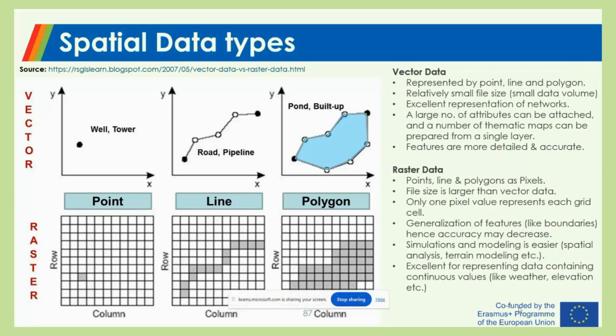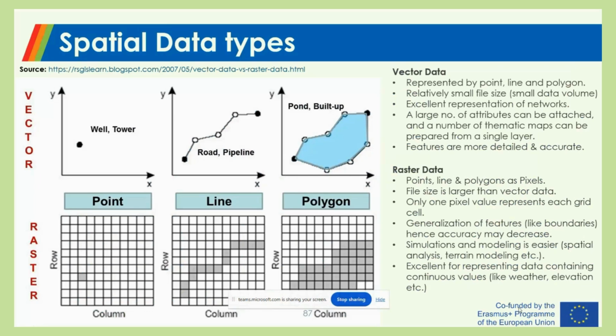A point could be a city at a different scale, or a tree, or a human, or anything. Or as lines, it could be the road network, or a river, or some boundaries.